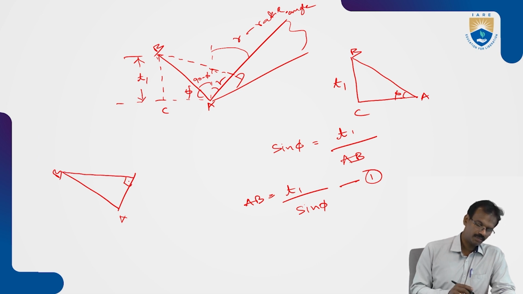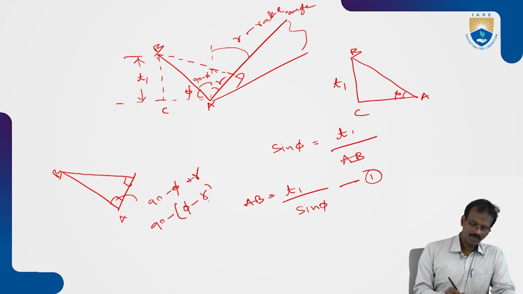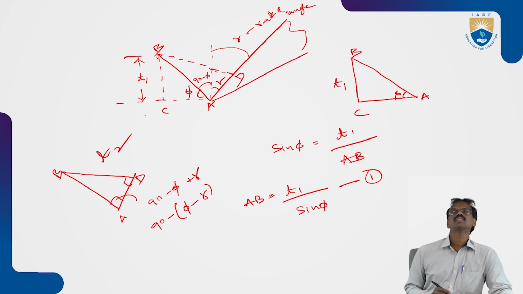This one is the 90 degrees. So this angle is equal to 90 minus phi plus gamma. So it means 90 minus of phi minus gamma. You can write like this. Then this is the D point. The BD is nothing but the T2, the chip thickness.